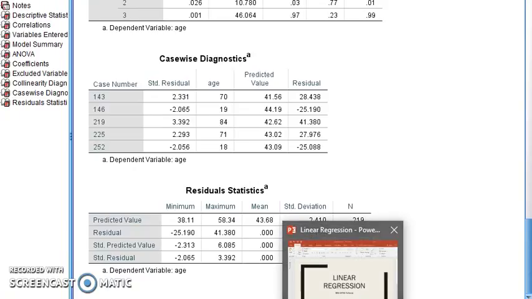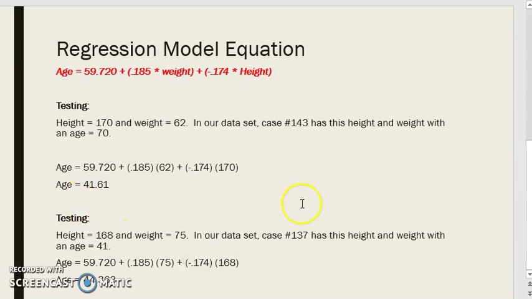So going back here, we can take a look at our regression model equation. Using those coefficients from the SPSS output, we have age equals our constant of 59.720 plus the coefficient for weight of 0.185 plus the coefficient of height, which is negative 0.174. Now, let me talk just 1 second about these coefficients.